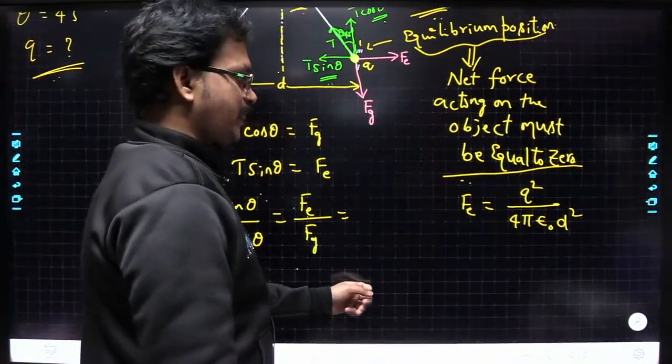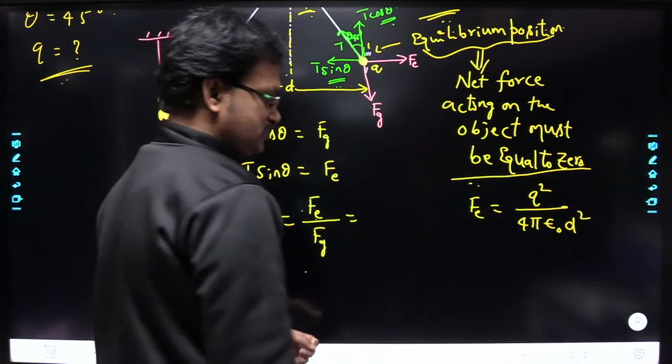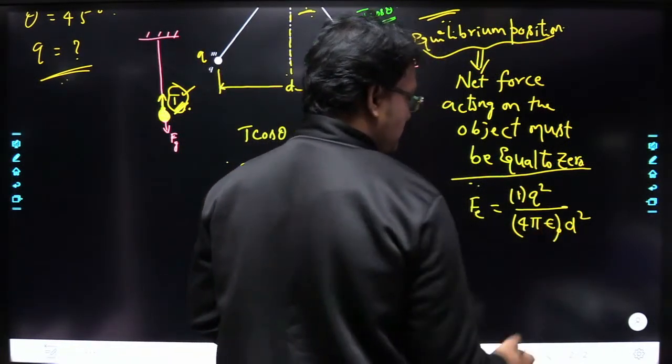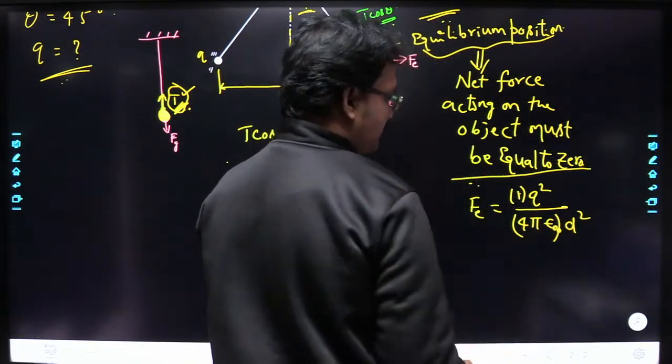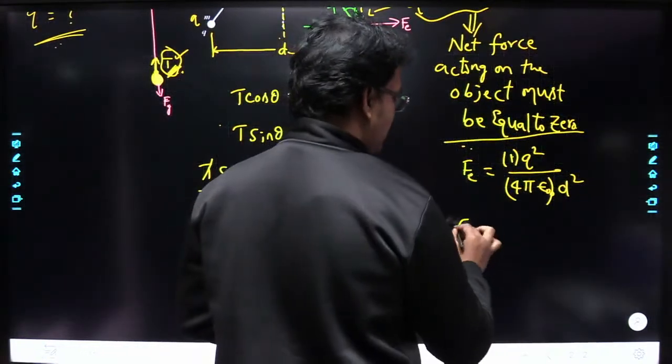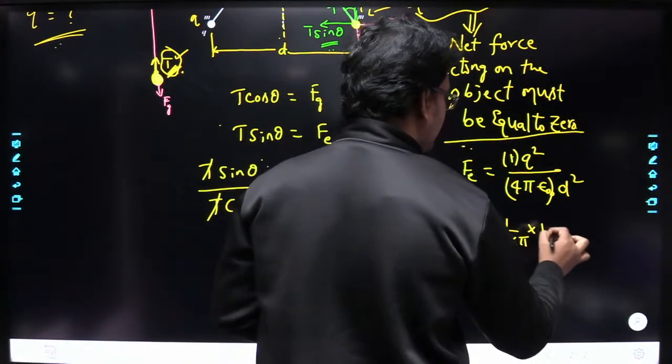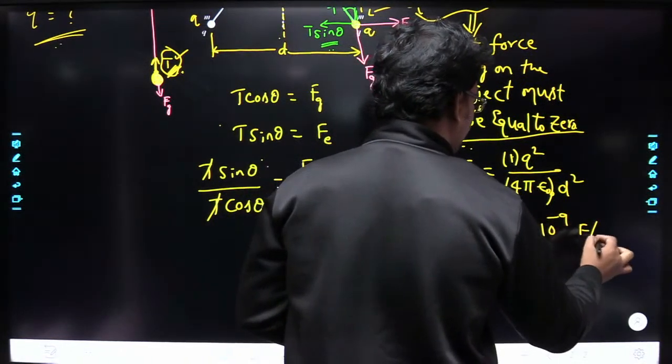Right. So this is the electrical force. Now 1 by 4 pi epsilon naught can be written as what? I already said epsilon naught can be written as 1 by 36 pi into 10 to the power of minus 9 farad per meter.